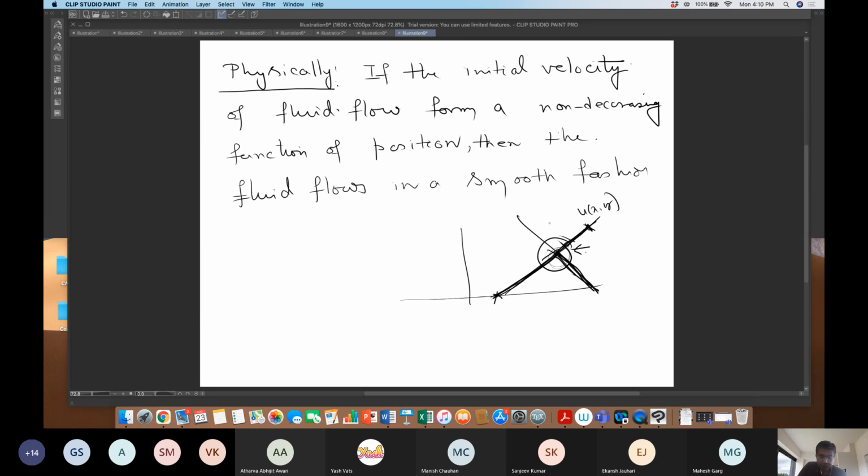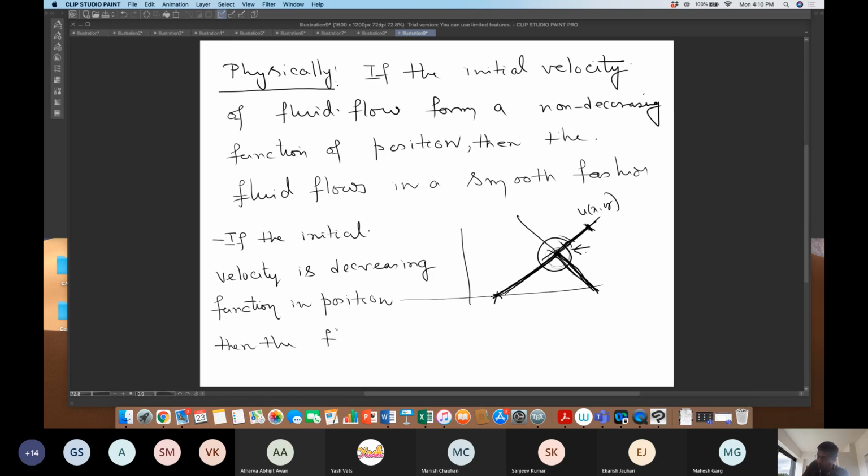And if the initial velocity is a decreasing function in position, then the fluid flow undergoes a shock, because at that point there might be two possibilities.